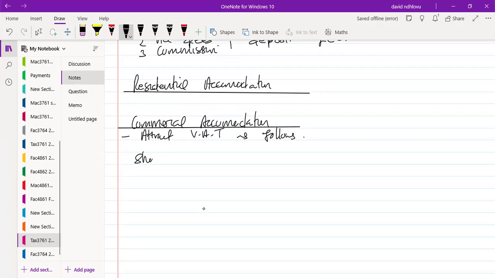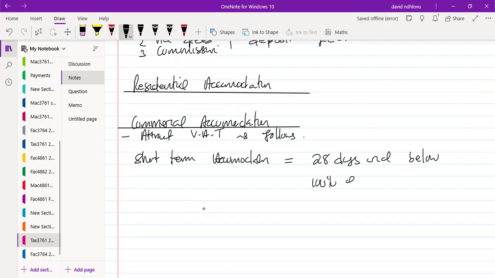We have short-term accommodation, which is 28 days and below. So if you are running a PMP and someone stays in that PMP for 28 days or below, then you charge VAT on 100% of the revenue.